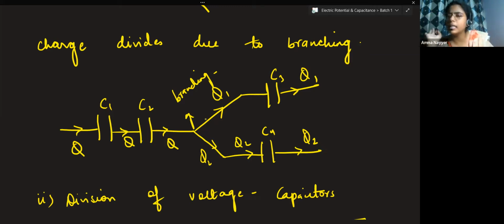Charges can get divided in any ratio unless they are identical, which I'll tell you as we keep doing capacitors. We'll do lots of circuits to handle it, and then we'll see the same with resistors in current electricity.